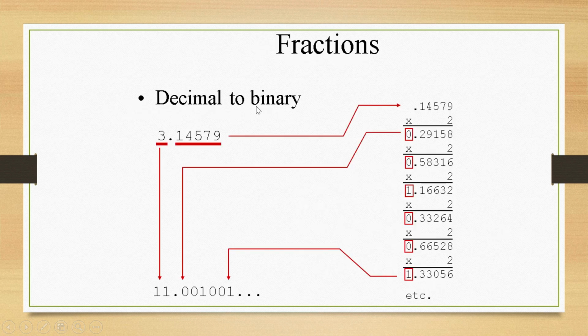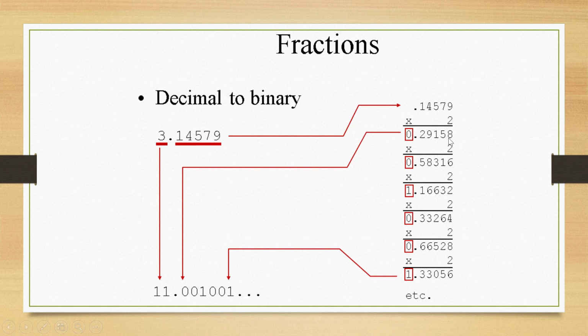For decimal to binary fractions, we have this decimal number converted to a binary number. So what we do, this is 1, 1, and we place a decimal point, and this number here is multiplied by 2. Then the whole number to the left of the decimal point is written just next to the right of the decimal point of your answer.